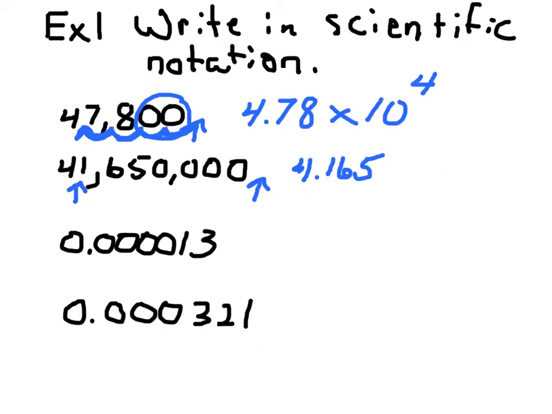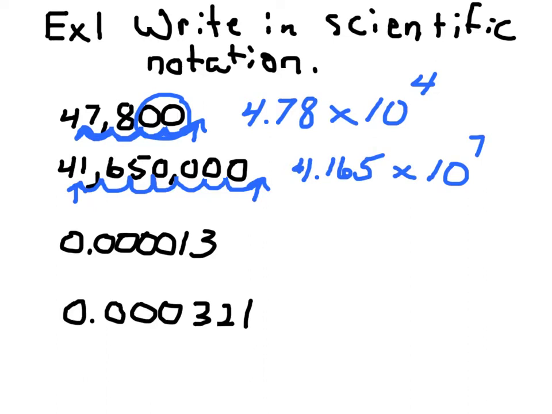So I have 4.165, which is between 1 and 10, times 10 to what power? Now how many times do I have to move the decimal point? I moved it 1, 2, 3, 4, 5, 6, and 7 times. So it's 4.165 times 10 to the 7th.